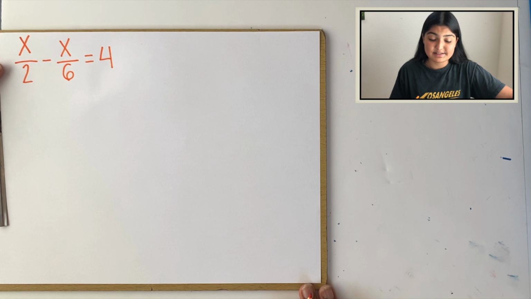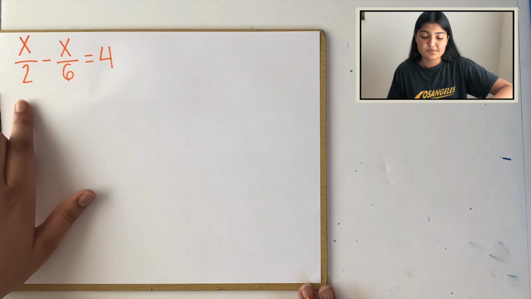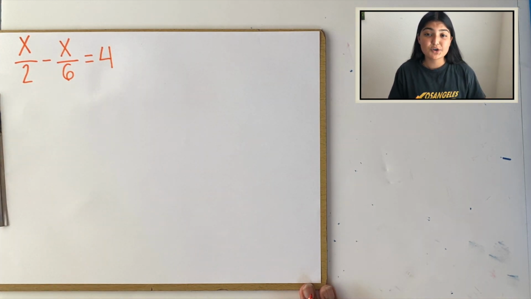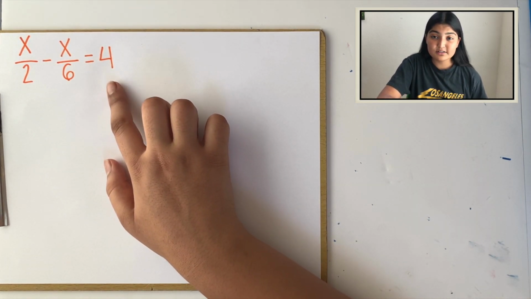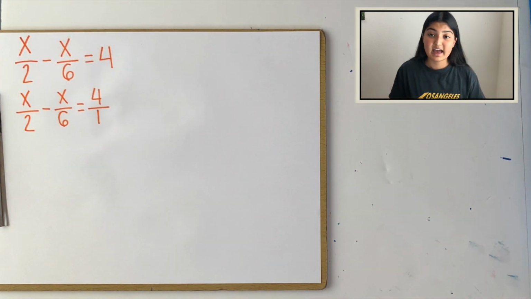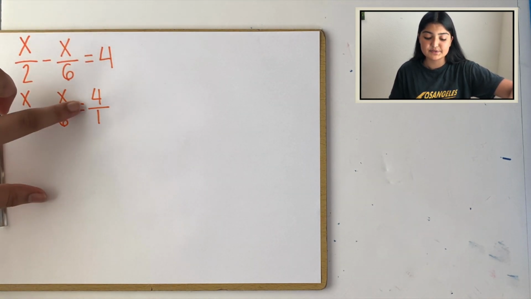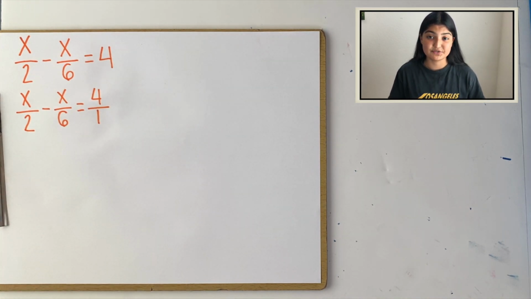Now, as you can see, on the left side of this equation, we are dealing with 2 fractions. So why don't we write this constant also in fraction form? As you can see, I wrote 4 as 4 over 1, or in fraction form. This will make it a lot easier to understand.